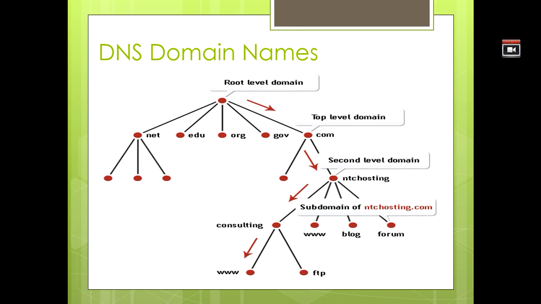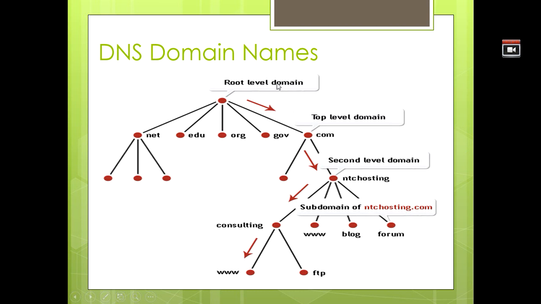What is a domain name? It is the way we actually provide a website name to a system. So here we can see 4 levels of domain names: root domain name, top level, second level, and subdomain, which is also called the host. Root level domain name consists of the dot in a URL.